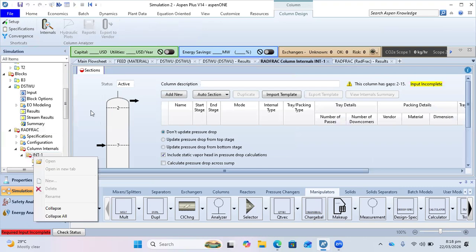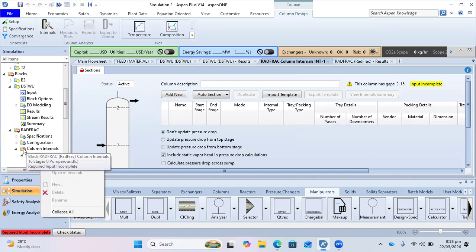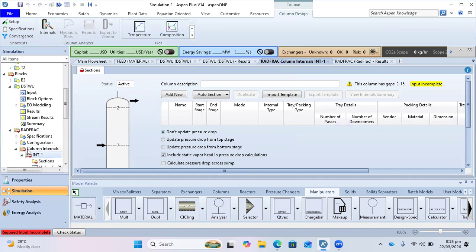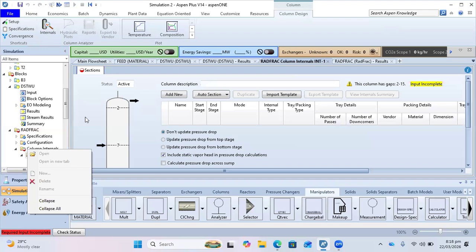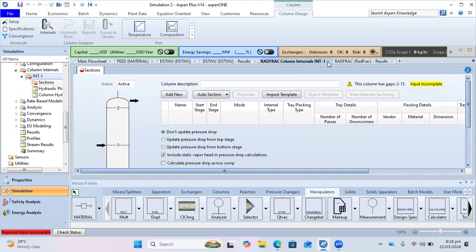So let's delete it from here. Oh, just a minute. Oh, surprised I'm not getting the option to delete it. And I've not even specified. Okay, I'm coming. Shouldn't be that way. I'm trying to delete the internals so that we can continue.